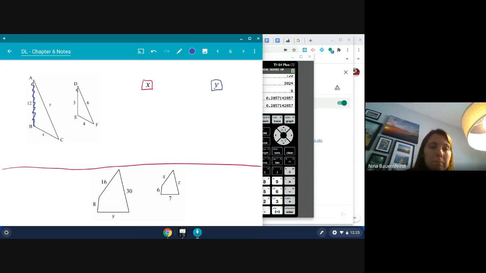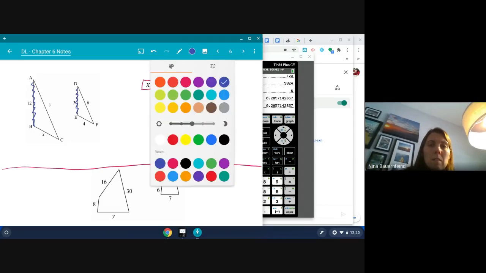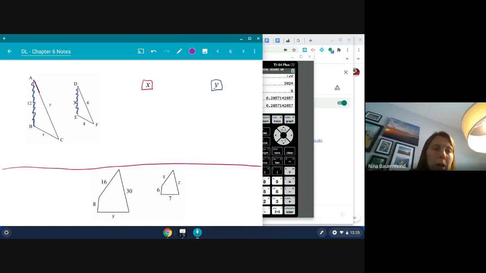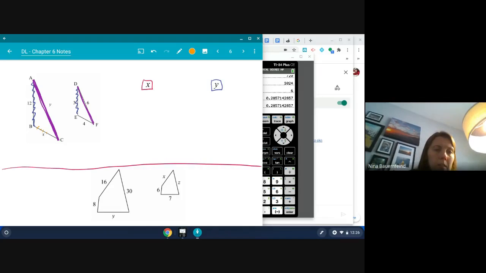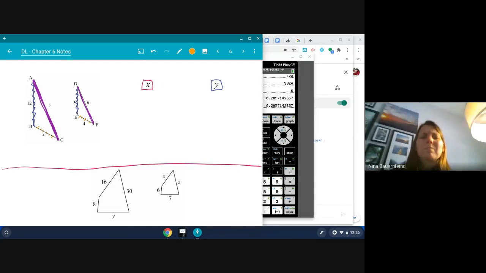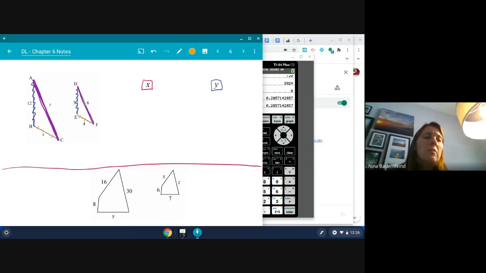Yep. How about Y? Which side corresponds to Y? 6. Got it. And then that means that this and this must correspond. Okay? So, first thing, pick out the two sides that correspond that have numbers for both.